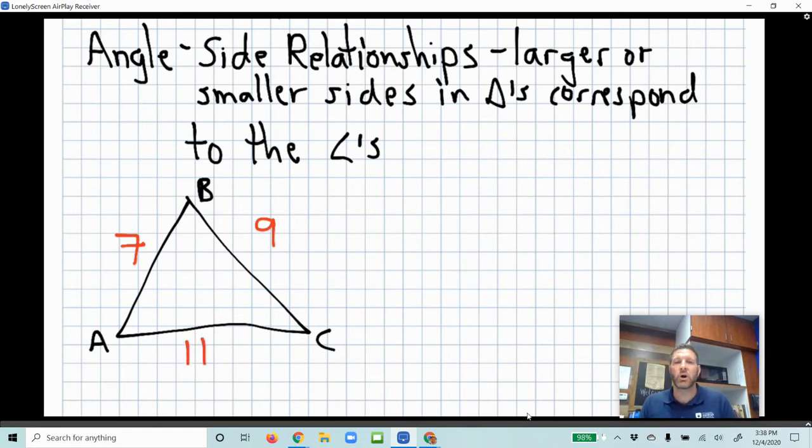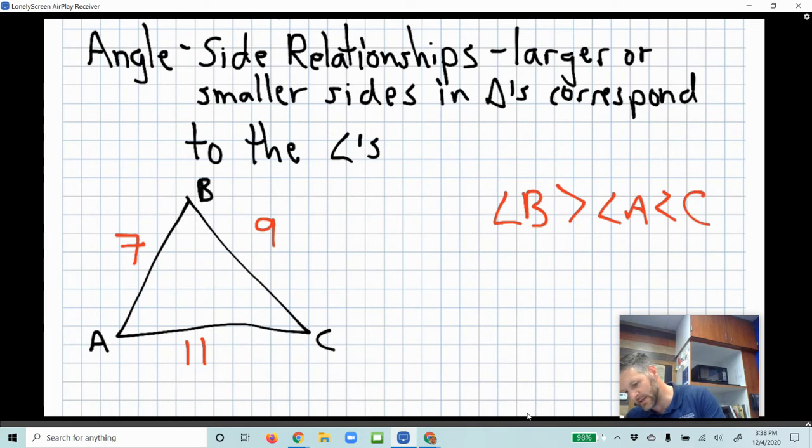Then I can immediately know the ranking, the size comparison, not the exact amount, of my different angles. I know that angle B is greater than angle A, which is greater than angle C. Because again, the largest side here is across from B, so that means it must be the largest angle.